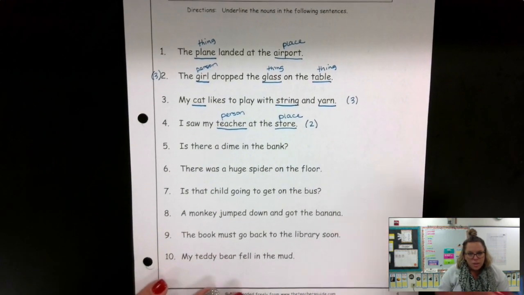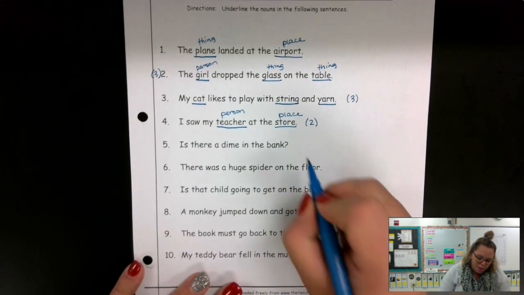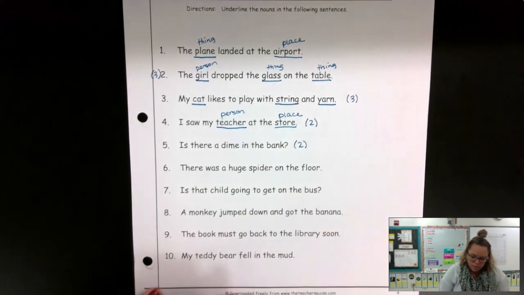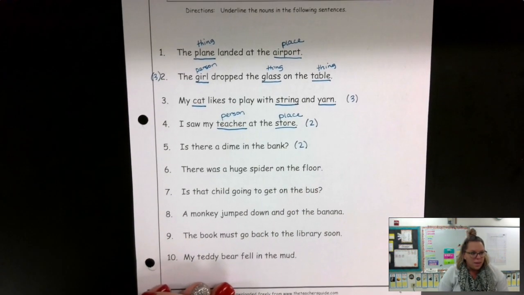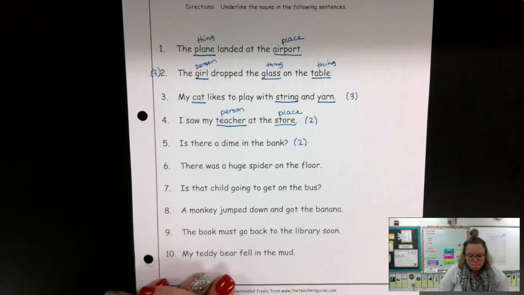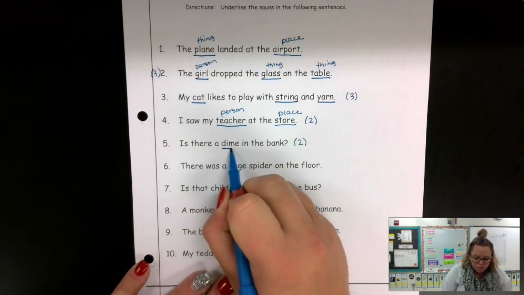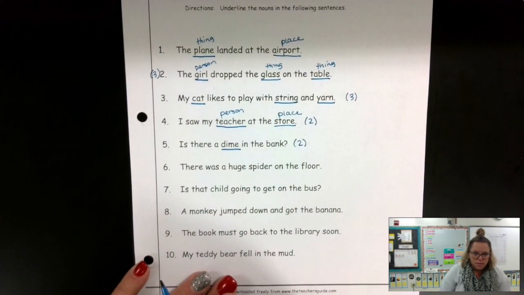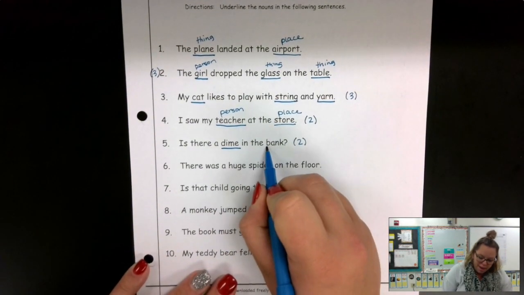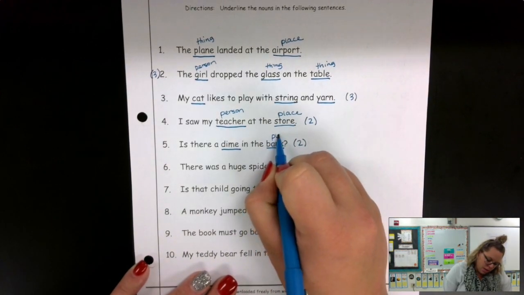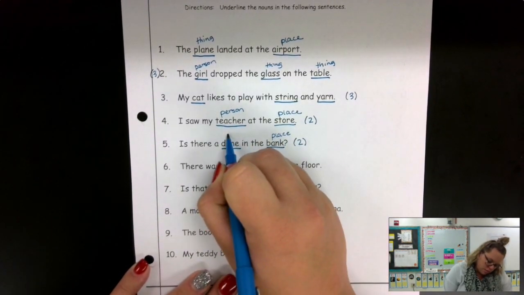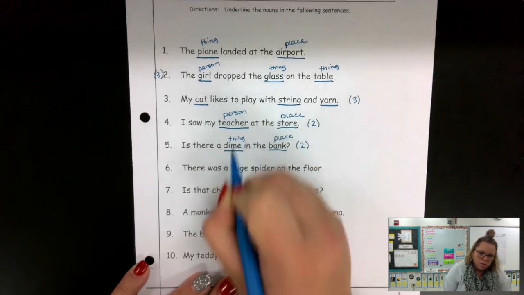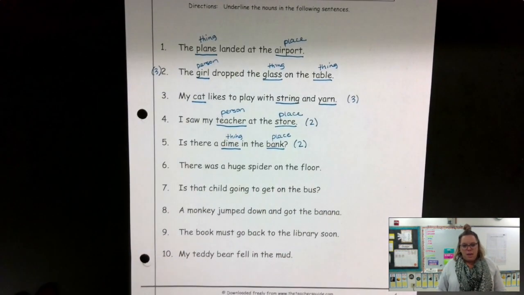Number 5, is there a dime in the bank? Is there a dime in the bank? There's 2 of them here. Dime. That's a thing. Bank. In the bank. That's a place. So you should have underlined dime and bank.